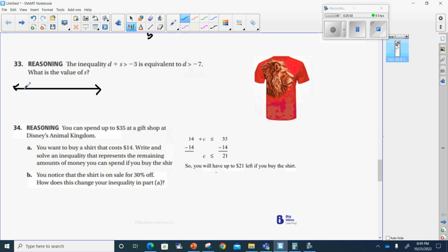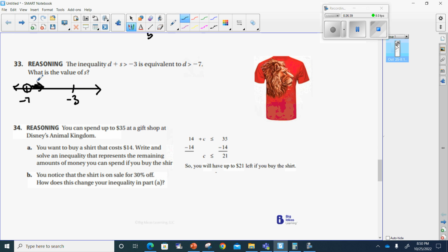Remember, D, we're just going to put it over here, is -7, right? So we know that D is going to be bigger than -7. So it does not include -7, but it's going to be a number bigger than -7, right? And we know in this inequality, D plus S is going to be bigger than -3. So if I put -3 over here, remember that D plus S is bigger than -3, okay?